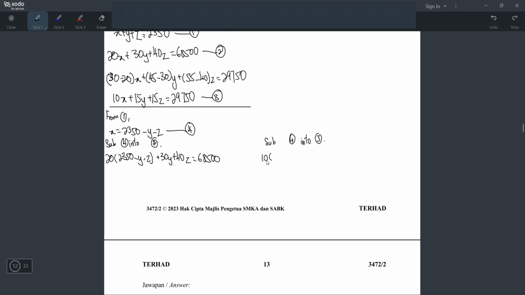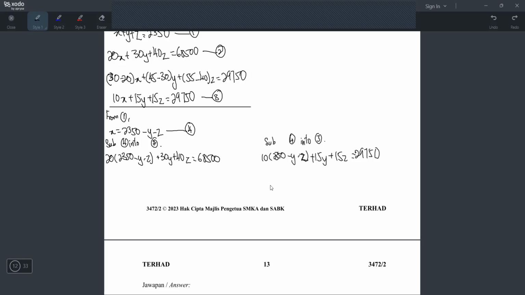But the x I already substitute 2350 minus y minus z, and then plus 15y plus 15z equals 29750, right? So now we will simplify both here and then do the simultaneous again, right?